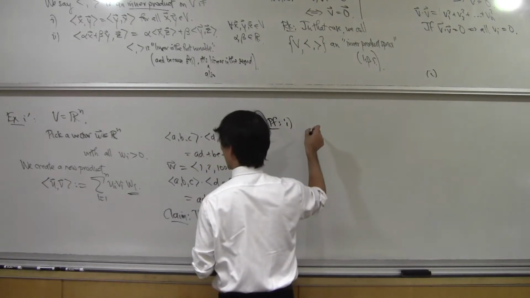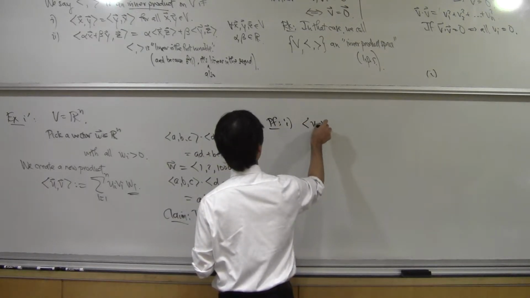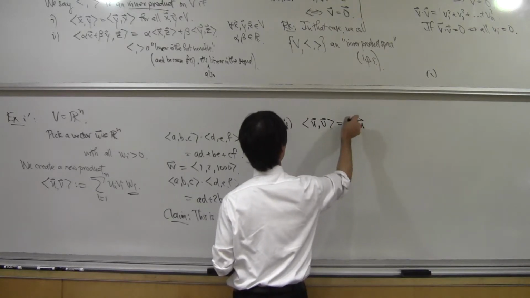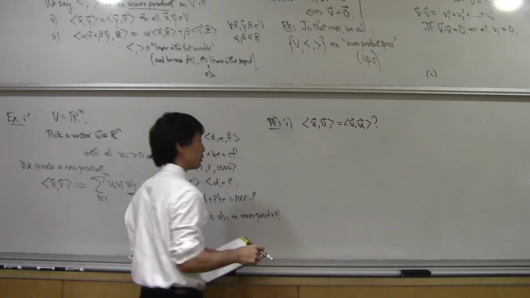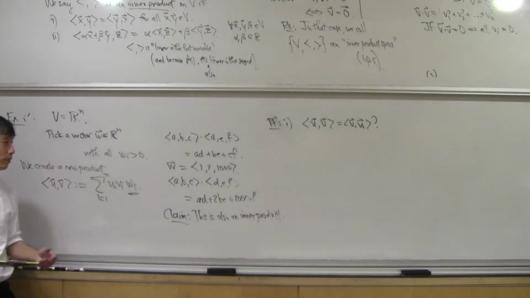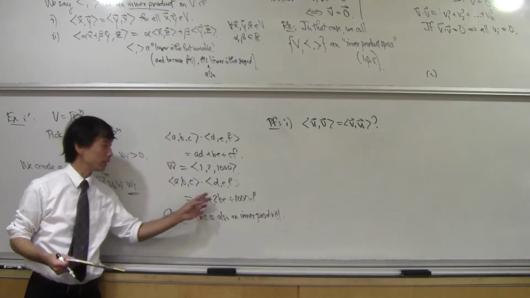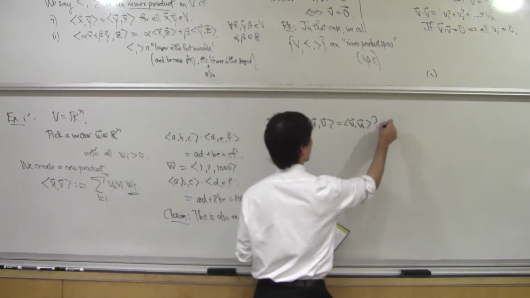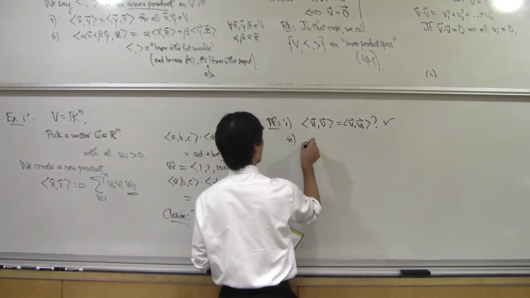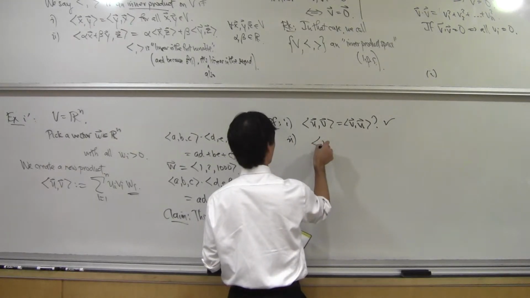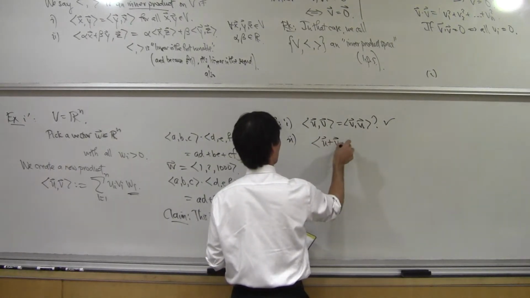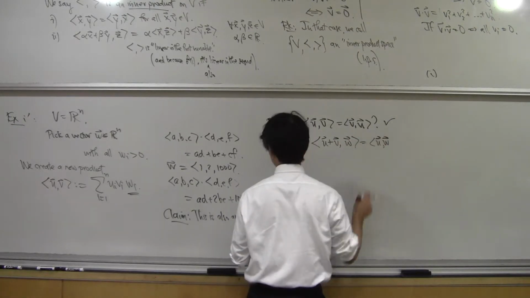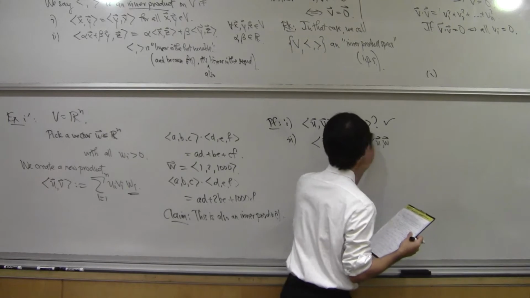Is it true that ⟨U, V⟩ equals ⟨V, U⟩? Sure, because you just change the order, it's the same thing. Is it true that ⟨X + Y, Z⟩ equals ⟨X, Z⟩ plus ⟨Y, Z⟩? I shouldn't use W because I use W for something else.